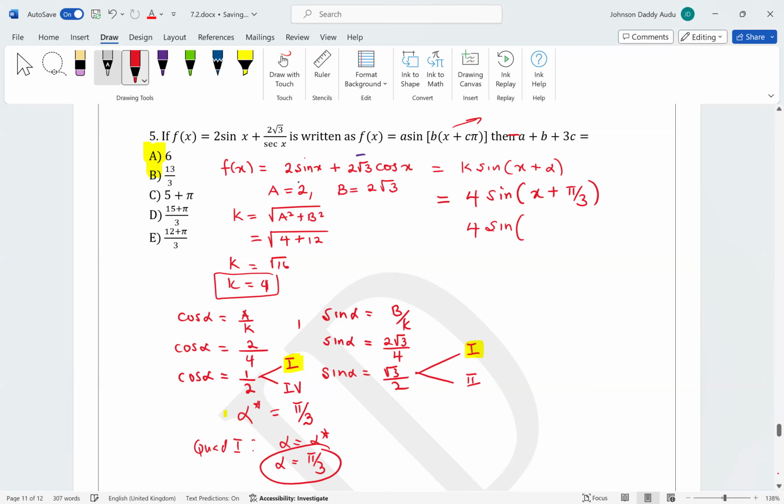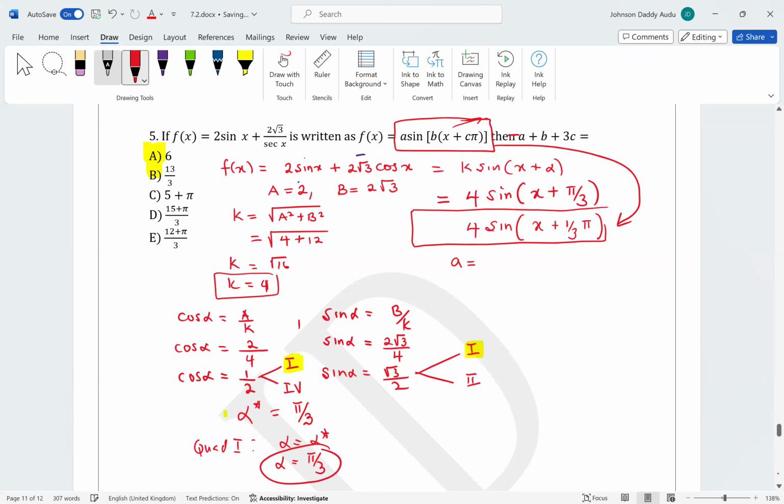So I think we can just write it like this: x plus 1/3 pi. Now try to compare this one and this one and what you are given. If you compare these two, you will see that our small a is equal to 4, right? What is b? b is going to be just 1. And c is just 1/3.